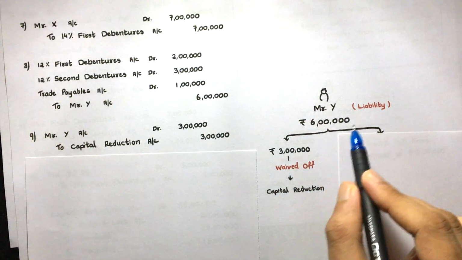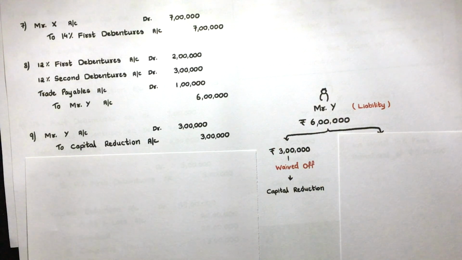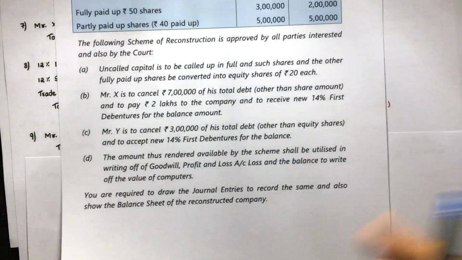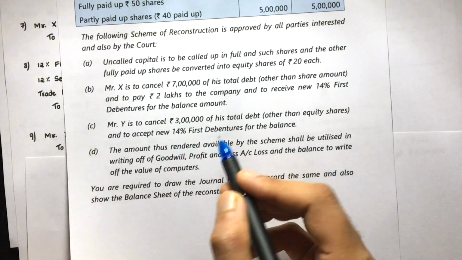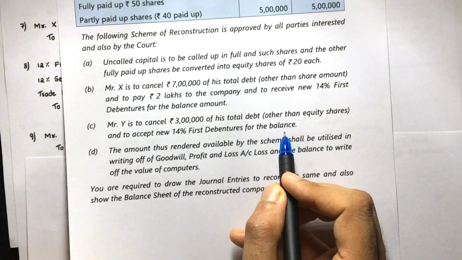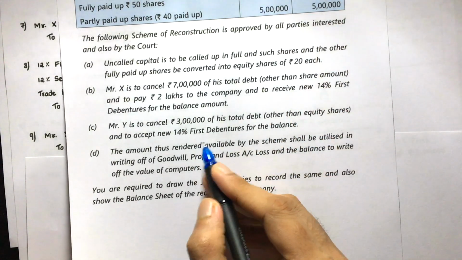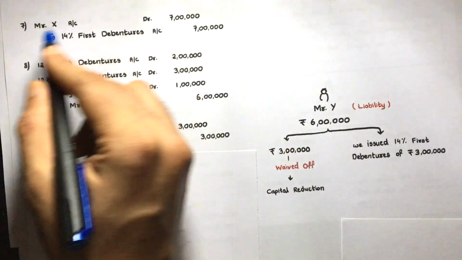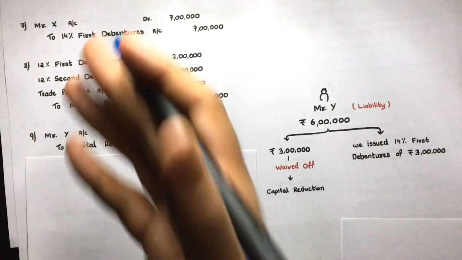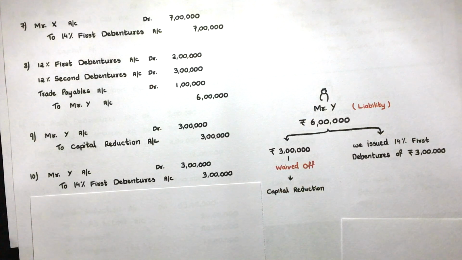What about the remaining 3 lakhs? Out of the 6 lakh, 3 lakhs is waived off. We don't have to pay 3 lakhs. But what about the remaining 3 lakhs? The question is talking about that. They are saying, to accept new 14% first debentures for the balance. The balance is 3 lakh, so we are issuing 14% first debentures of 3 lakh. Same entry as we did for Mr. X: Mr. Y account debit to 14% first debentures, 3 lakh.